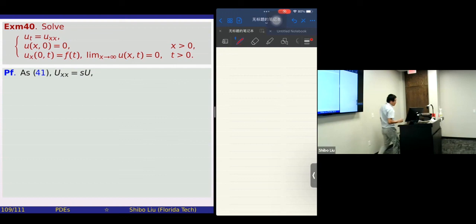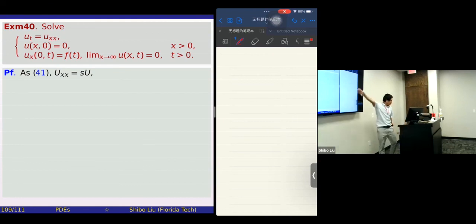This equation is an ODE for capital U, with variable x. But the capital U also depends on s; that s is a parameter.